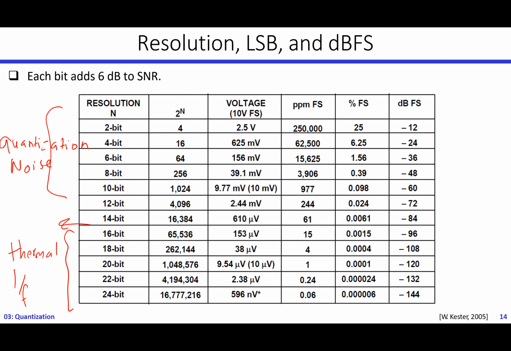Let's think about the thermal noise and 1/f noise. It's always there, whether I work at a lower resolution or at a higher resolution. I can try to reduce it with certain design techniques, but it's there.